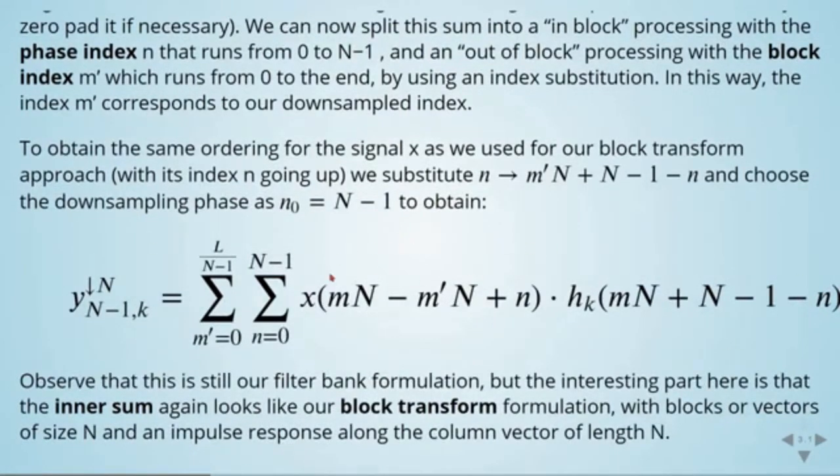And then we have a double sum, with this m prime now replacing n by this here. We observe that this is still our filter bank formulation, but the interesting part is that the inner sum again looks like our block transform formulation with blocks or vectors of size N and an impulse response along the column vector of length capital N.